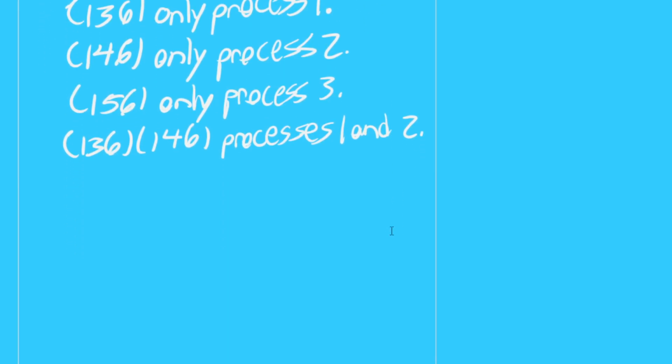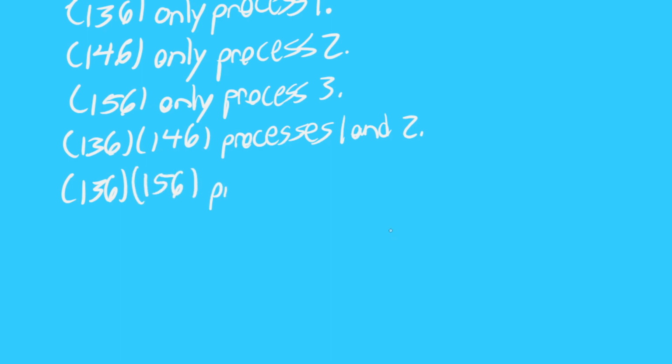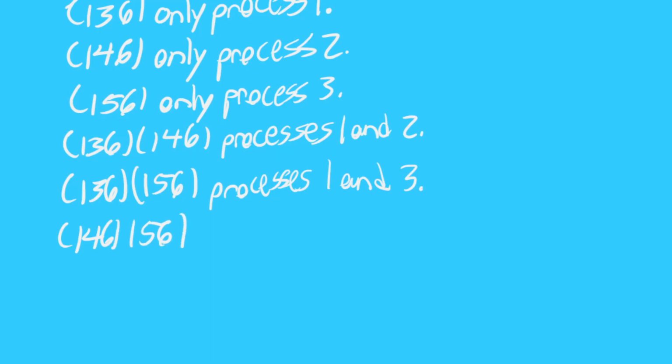And then we can do 1, 3, 6, 1, 5, 6 for processes 1 and 3. And then we can do 1, 4, 6, 1, 5, 6 for processes 2 and 3.